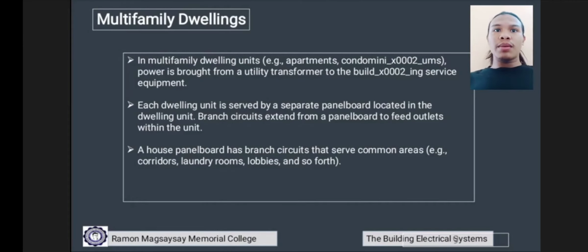Then last is multifamily dwellings. Multifamily dwellings means a structure that contains more than one separate residential dwelling unit, which is used or intended to be used or occupied in whole or in part as the home or residence of one or more persons.